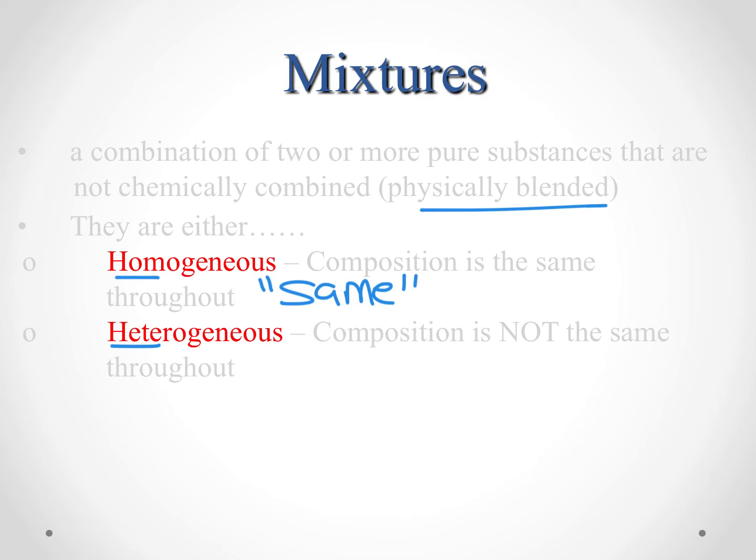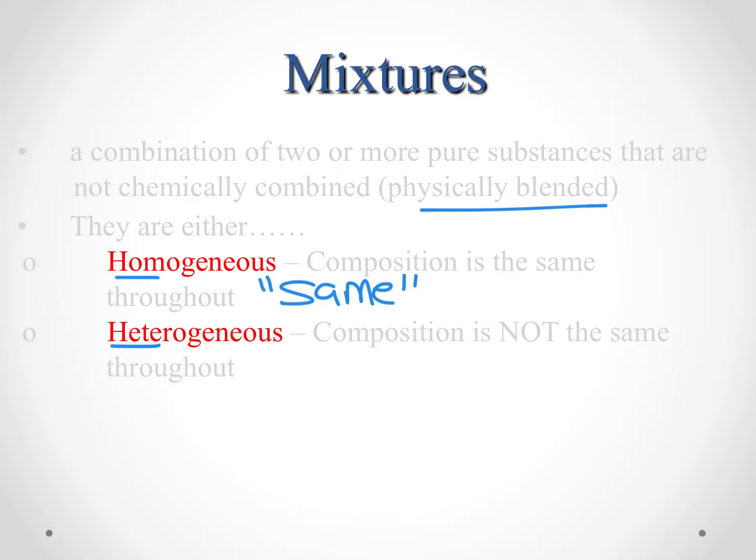Now, trail mix isn't like that. You can find your raisins, separate them from the peanuts, right? Separate them from the M&Ms in a trail mix. But if you took that trail mix and you put it in a blender for a while, I'm not sure why we'd want to do that, but what if we did? Then we would have something that's homogeneous. It's all the same.